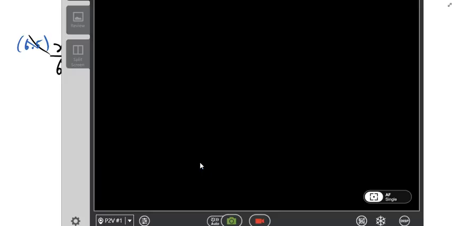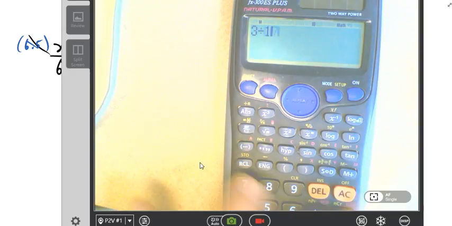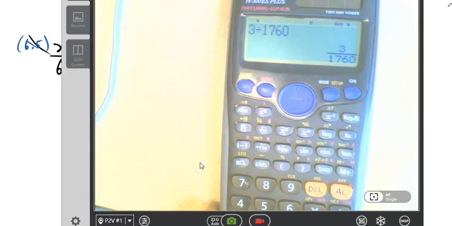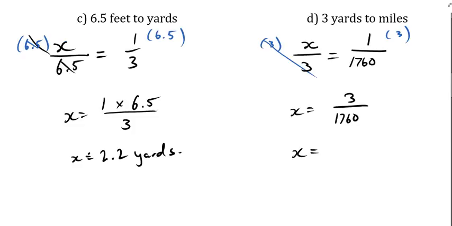So 3 divided by 1760, and convert that to a decimal. You're not going to round it to 1 decimal place because that would look like 0. We're not going to round it to 2. So in this case, we'd have to go to at least 3, and I'm going to put 4 because why not?